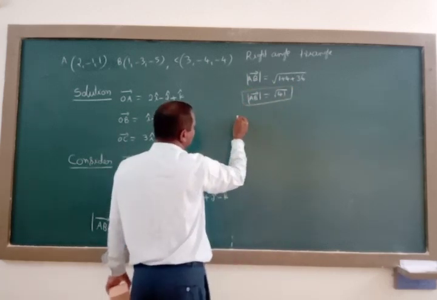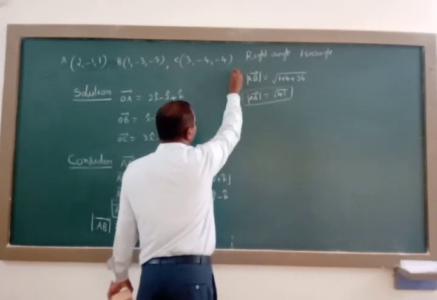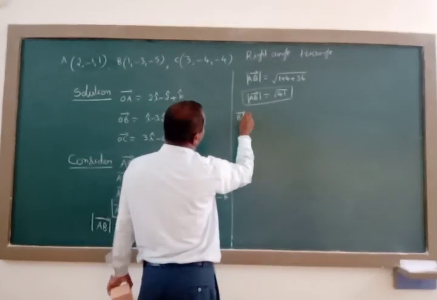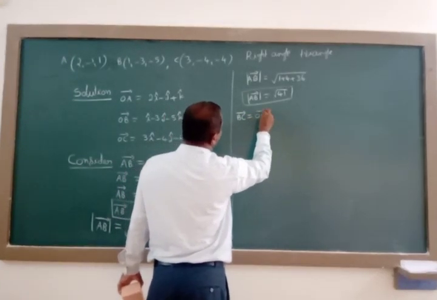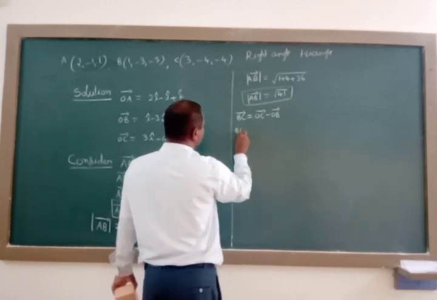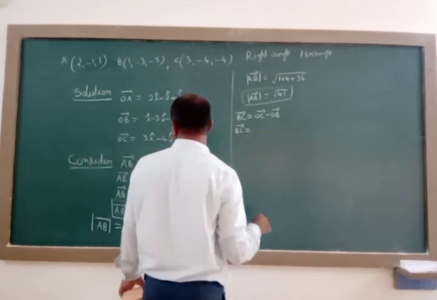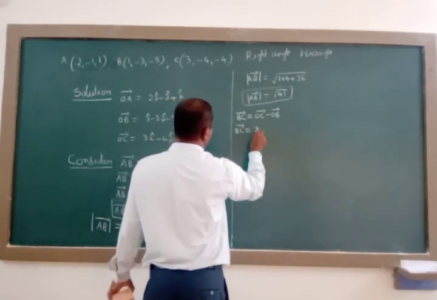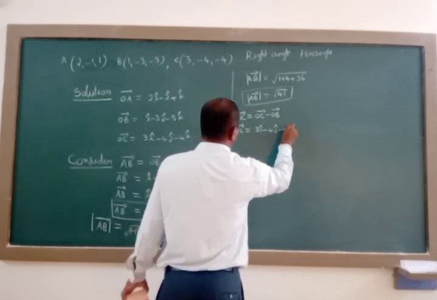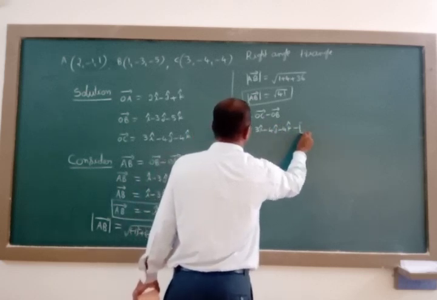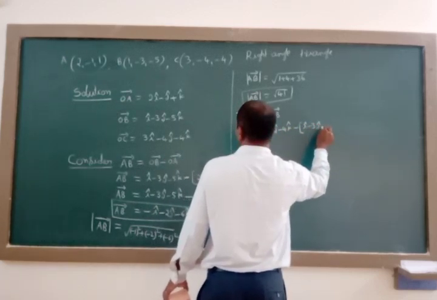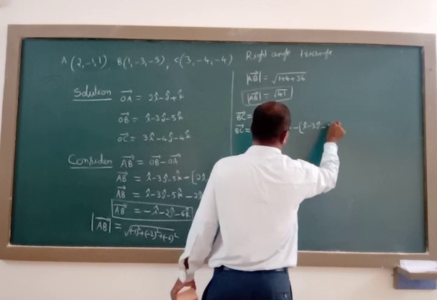Next, consider one more vector, BC bar. BC bar is equal to OC bar minus OB bar. What is OC bar? 3i cap minus 4j cap minus 4k cap, minus of, what is OB bar here? i cap minus 3j cap minus 5k cap.